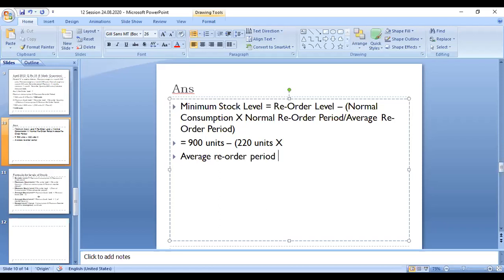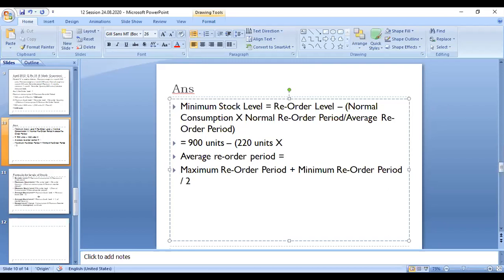That is equal to maximum reorder period plus minimum reorder period, divided by 2. If you divide by 2, you will get the average reorder period.